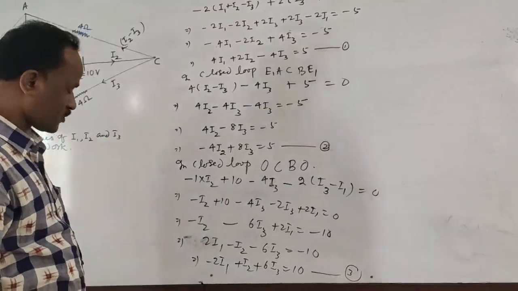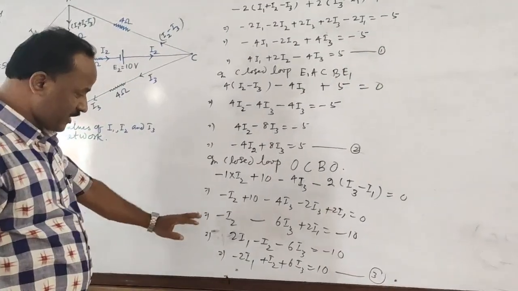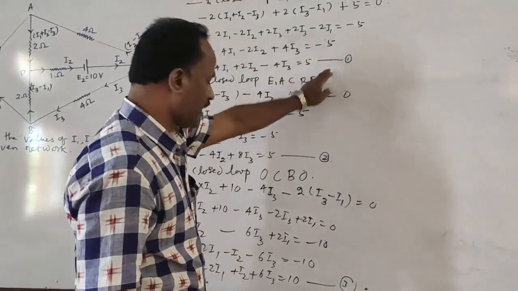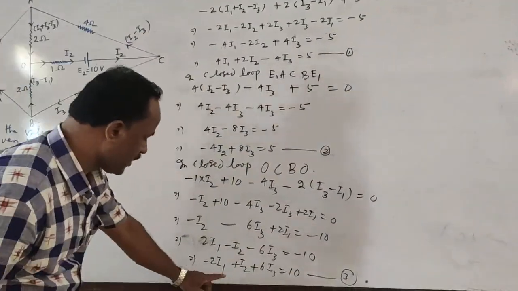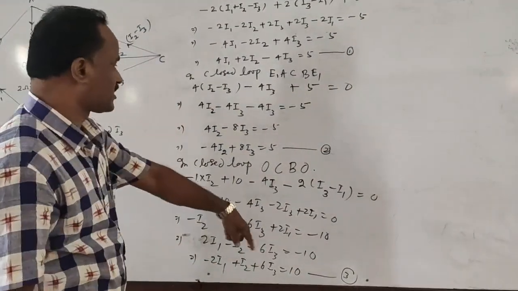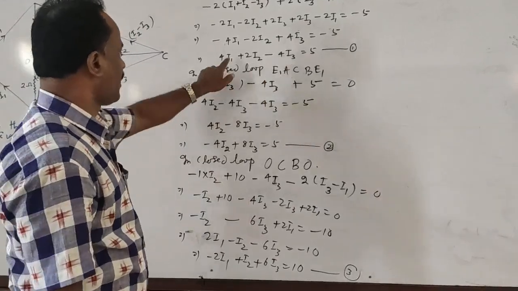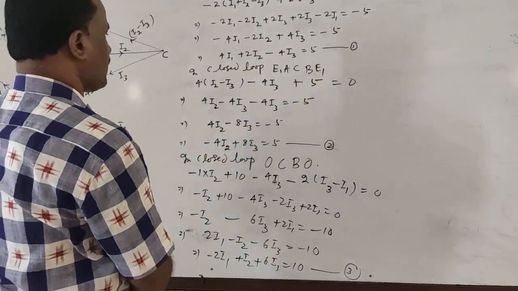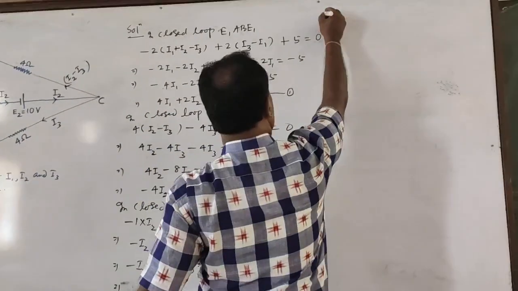At first, focus on how easily you may find the values of I1, I2, I3. In equation 1 and equation 3, I1, I2, I3 are all there. So first of all, see equation 1.